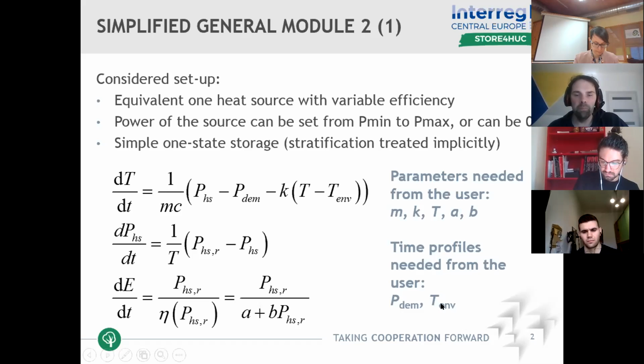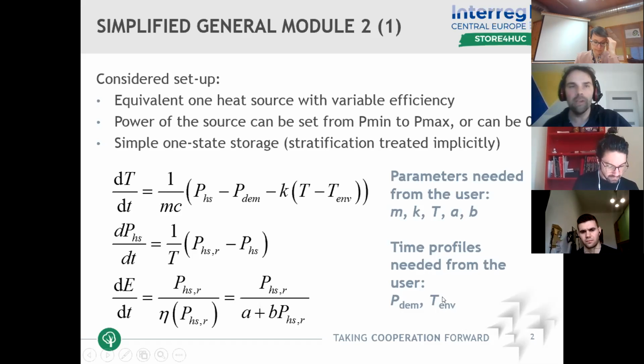The other parameter needed to explain the environment, the scenario for the tool, would be the environmental temperature. So the temperature of the environment around the heat storage, because this is what is needed for us to model the losses.